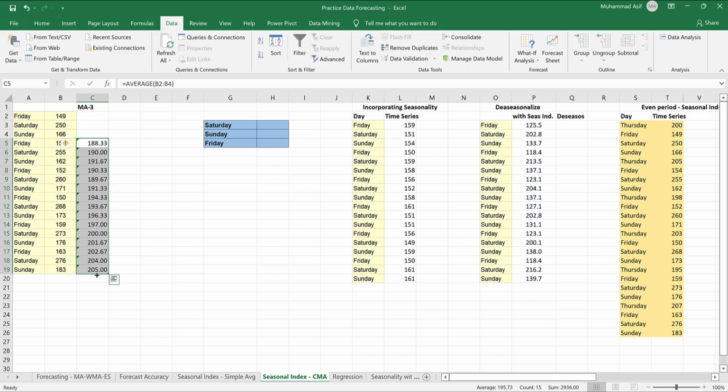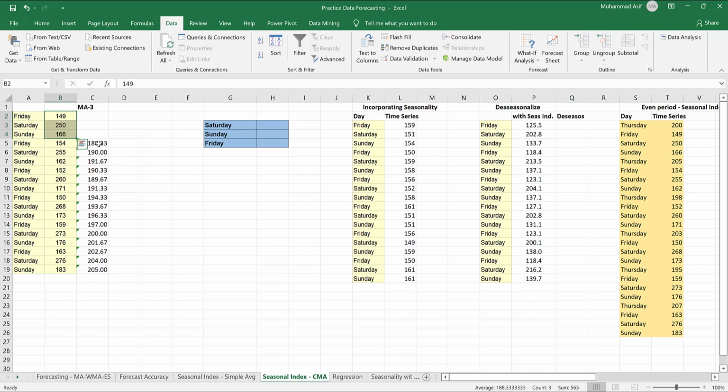The next step is that this 188.33 is the average that we got from these 3 values, and if we have to assign this 188.33 to any of these values, whether it's 149, 250 or 166, we can say that most probably it relates with the central one.